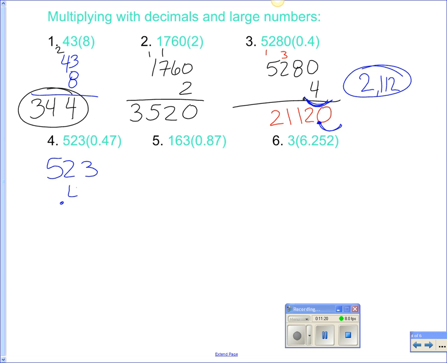All right, number 4. 523 times 0.47. All right, Devin, 3 times 7. Good. So I put a 1 here and a 2 here. Summer, 2 times 7 plus 2. And Ashley Brown, 5 times 7.